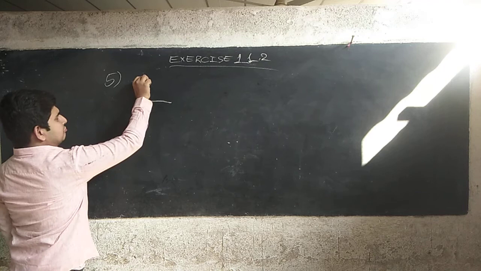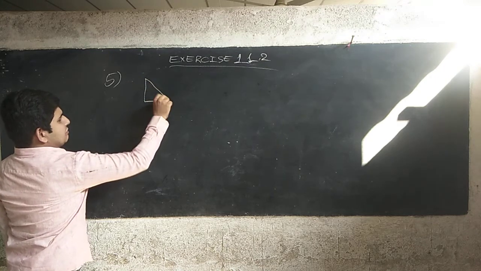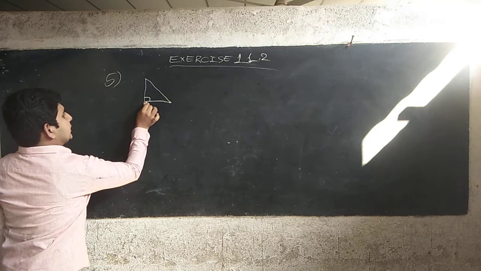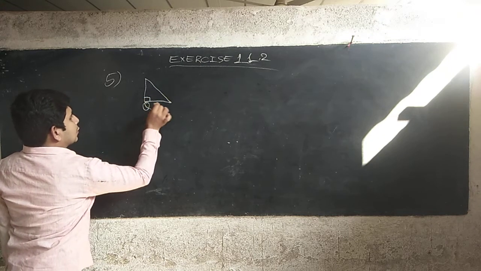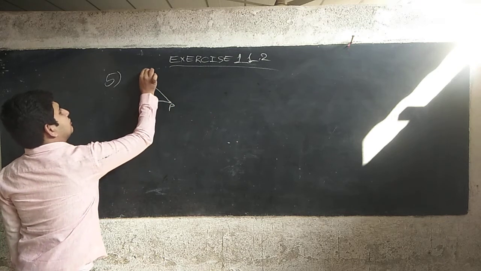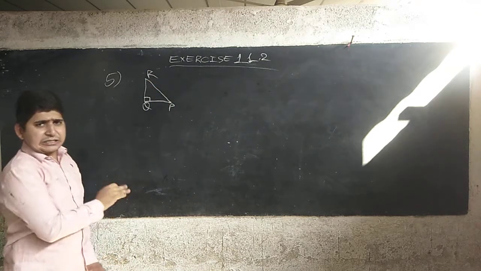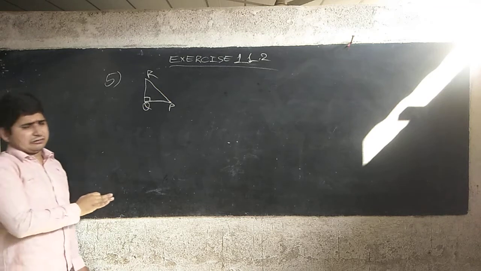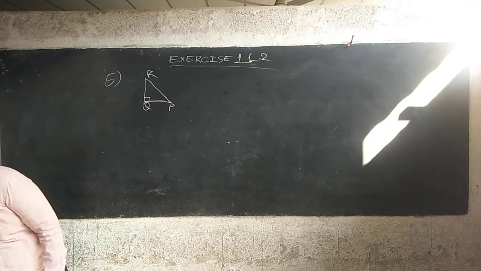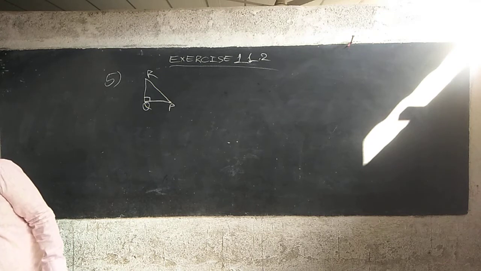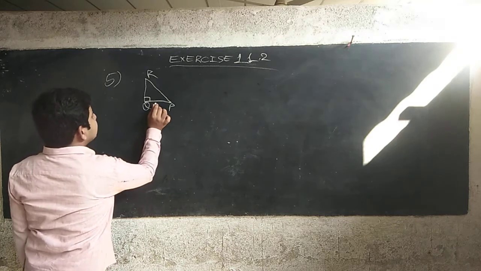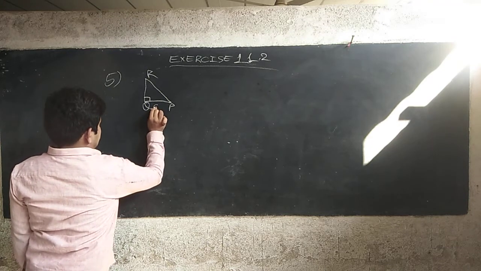Right angle is at point Q. Now this is P, this is R, and the right angle is Q. And PQ equal to 6 centimeters.